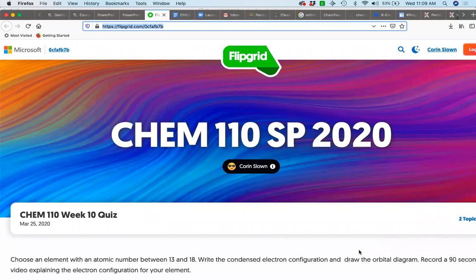That's the link you're going to need for your quiz. And if for some reason you don't have access to a browser right now, you can also just do the quiz in your notes, and at a later point in time, send me an email with your electron configuration and orbital diagram. So no worries. If you run into technical difficulties, as scientists, we always iterate and innovate. We'll figure out a way.